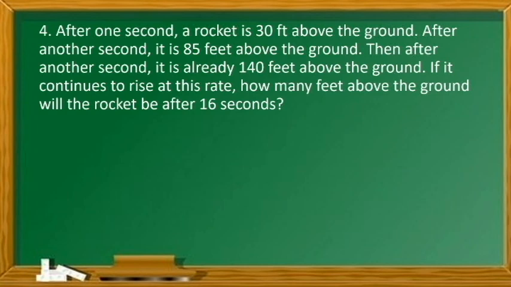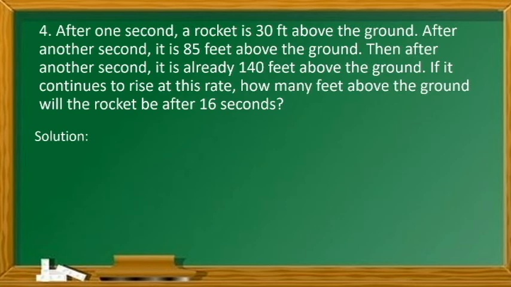For our fourth example, after 1 second, a rocket is 30 feet above the ground. After another second, it is 85 feet above the ground. Then after another second, it is already 140 feet above the ground. If it continues to rise at this rate, how many feet above the ground will the rocket be after 16 seconds?